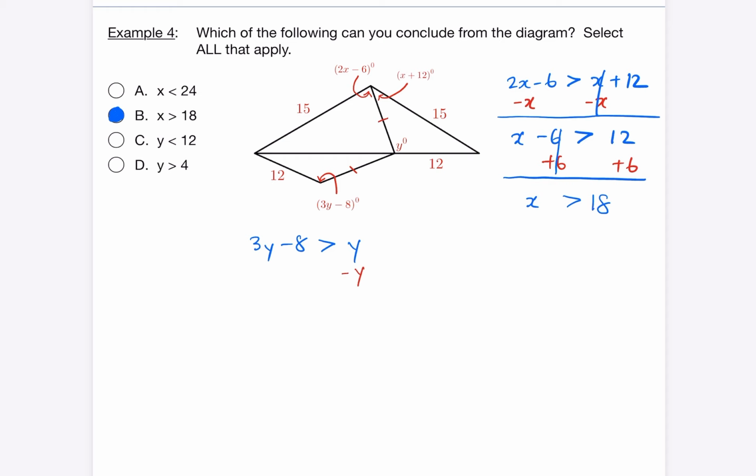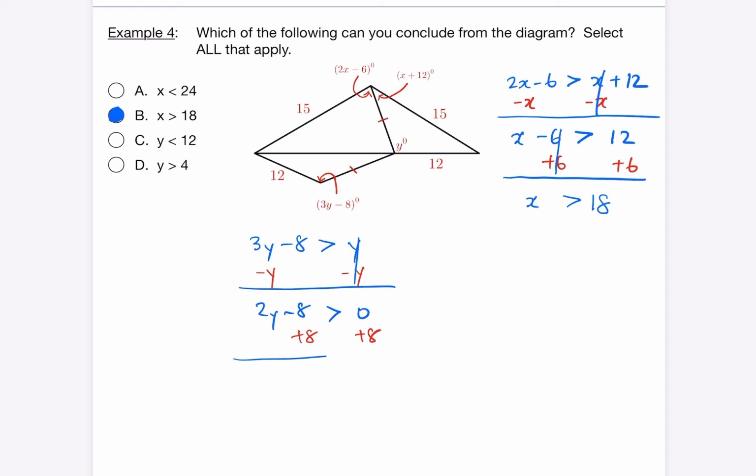We're going to subtract y from both sides because we want all the y's on one side of the equation. And when we do, these cancel out, and we're left with 2y minus 8 is greater than 0, right? Because y minus y disappears, and so we have nothing on that side, so we have to represent it with a 0. Then we're going to move this negative 8 to this side of the equation, and we do that by adding 8 to both sides.